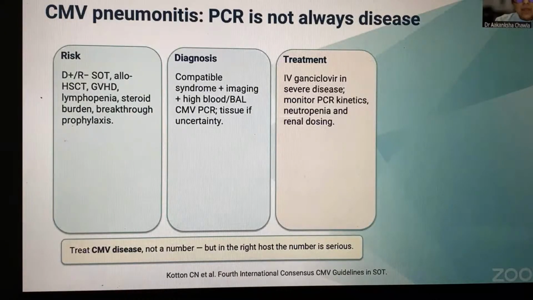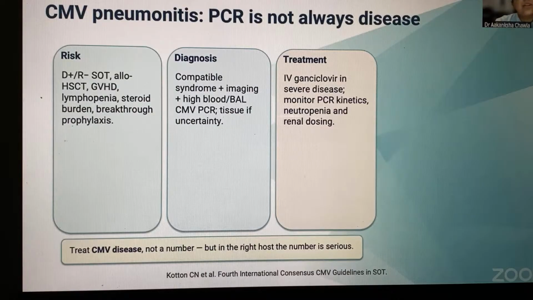So once you have identified your patients, understood the defect, started empiric therapy, done appropriate investigations, de-escalated based on the diagnosis, done biopsy in cases that is needed, there are certain specific diseases that we see quite commonly, like CMV pneumonitis, wherein the risk is seen in patients with allogeneic HSCT, graft versus host disease, lymphopenia, steroid burden.